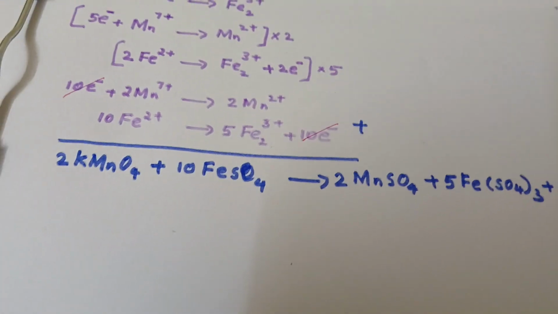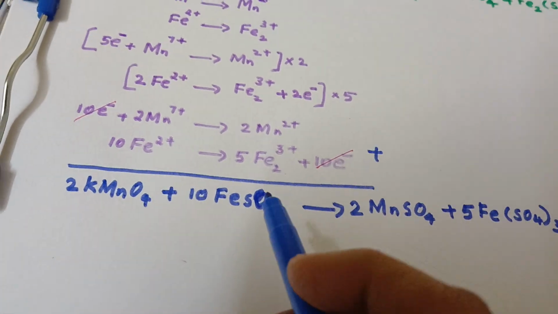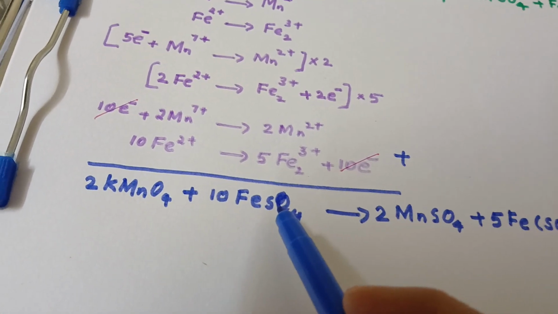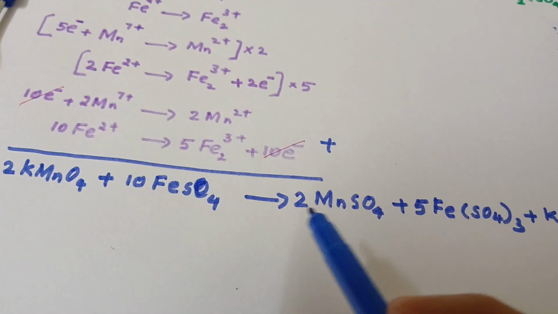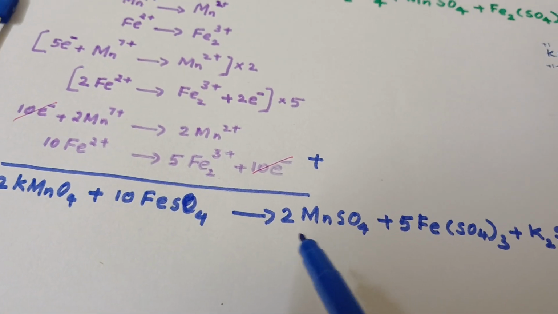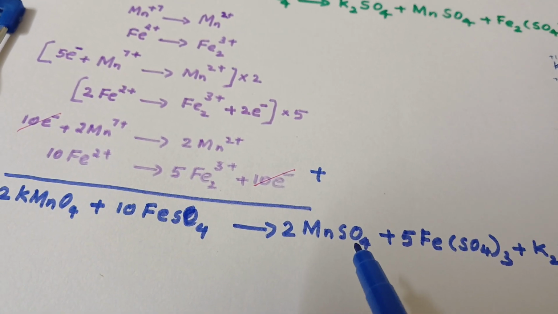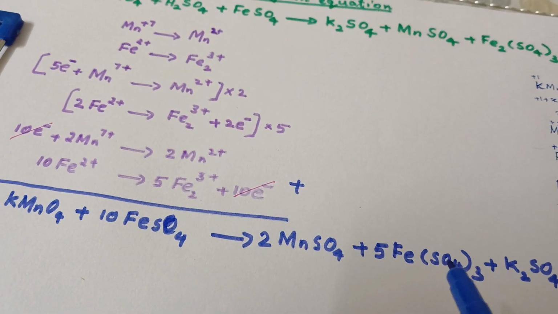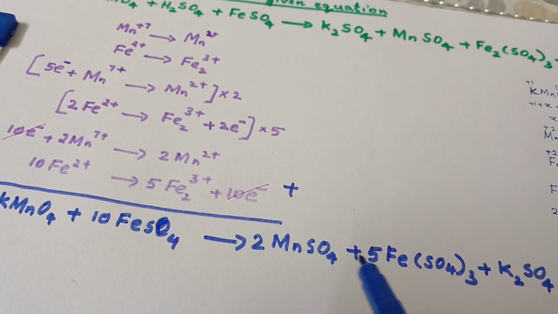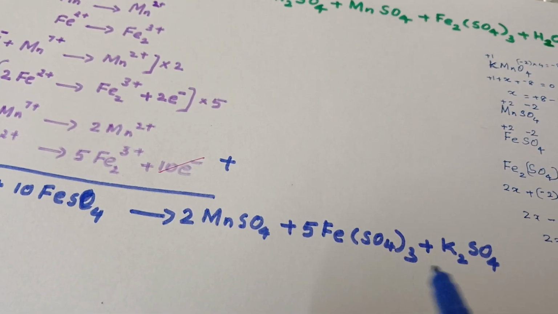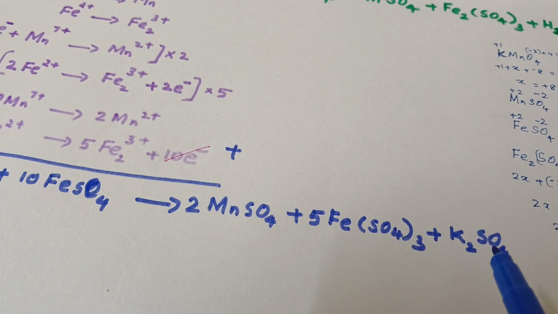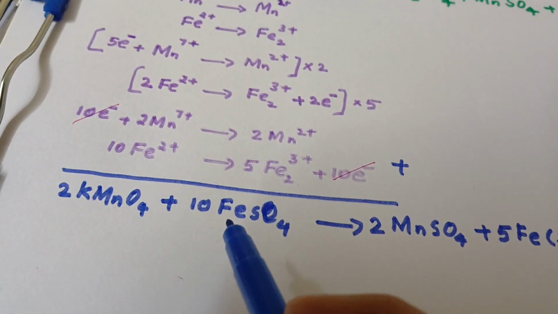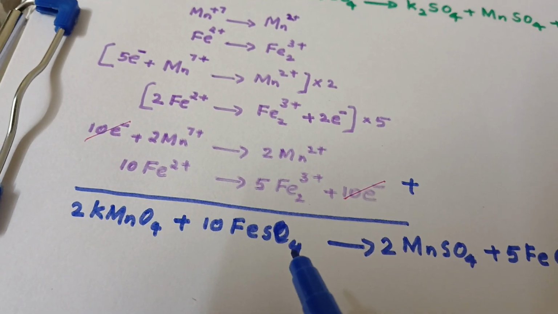Now let us look at the number of sulfates. On the left hand side we have 10 SO4. Right hand side 2 SO4 plus 5 into 3, 15 SO4. So 2 plus 15, 17 SO4 plus 1 SO4 here, 18 SO4 on the right hand side. Whereas here we have only 10 SO4.